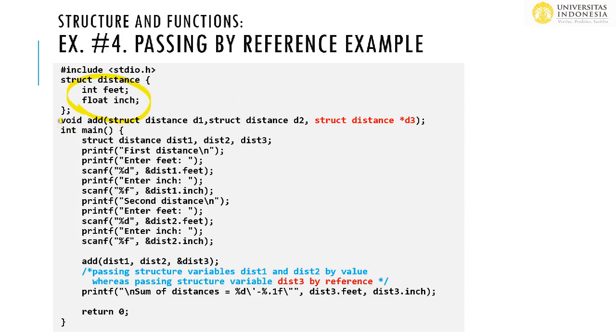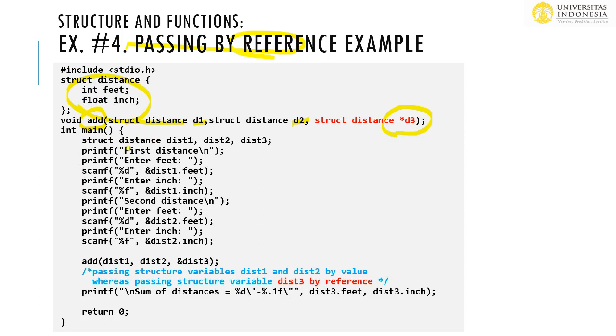The function is add, and it has struct distance d1, d2, and the last one is a pointer called *d3. So the function is related with a pointer. In this case, you pass your function by reference, because you deal with pointers and send the address of those data to the function.